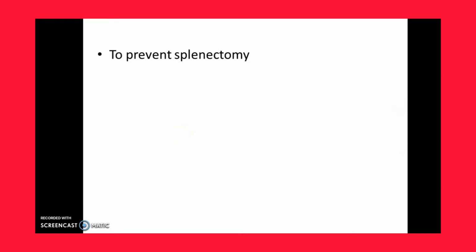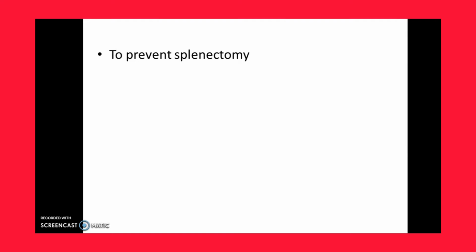To prevent splenectomy, I have explained splenectomy to mean when you want to remove the spleen itself. It usually happens when the spleen is so enlarged that it now constitutes a problem. It is now causing more infection, causing anemia, causing depletion of platelets and other blood components. So the result is to remove the spleen.